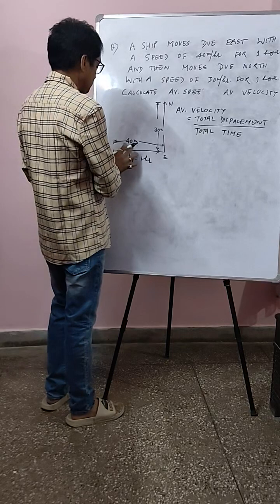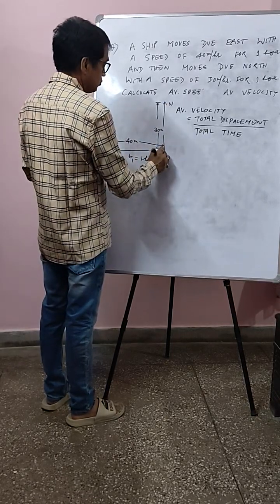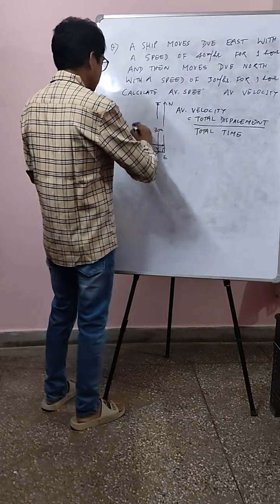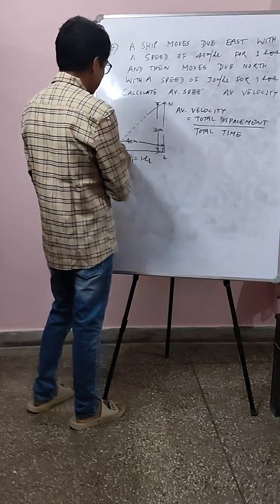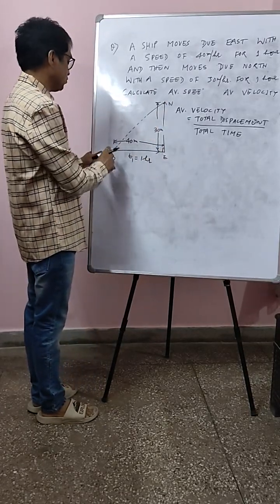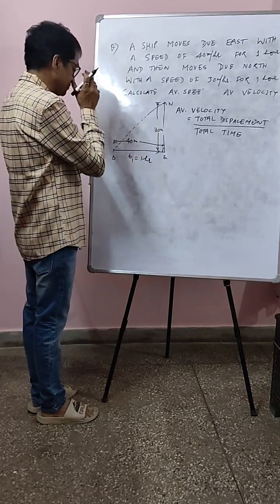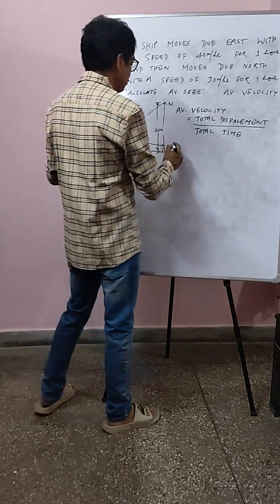So again, this is 40 meter, this is 30 meter, we'll connect it. Okay, so this becomes O, and this becomes the shortest distance, and we could say displacement. So we have to find ON using Pythagoras theorem.